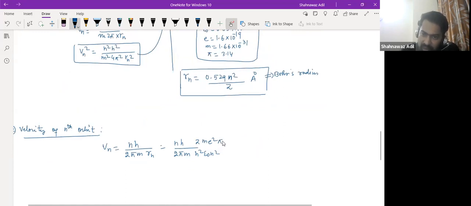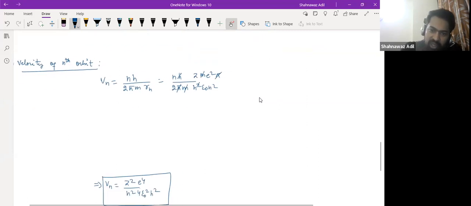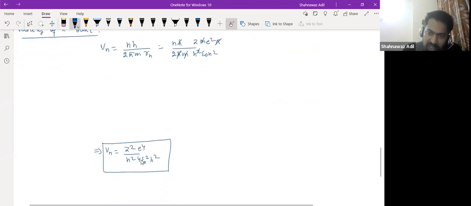So this is the value. Pi cancels, and then this h and this h cancel, and this m cancels. Now, whatever we got, we have to take the root, right? This is actually Vn square.